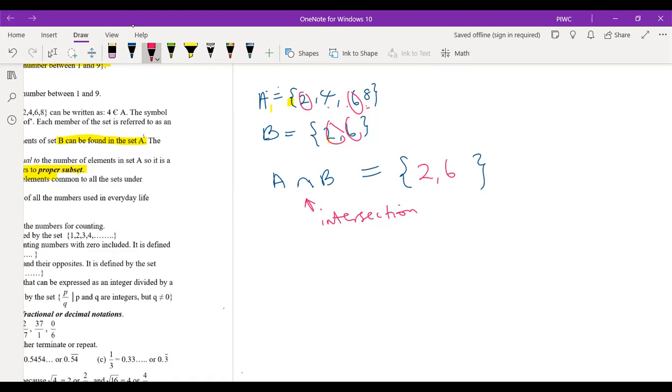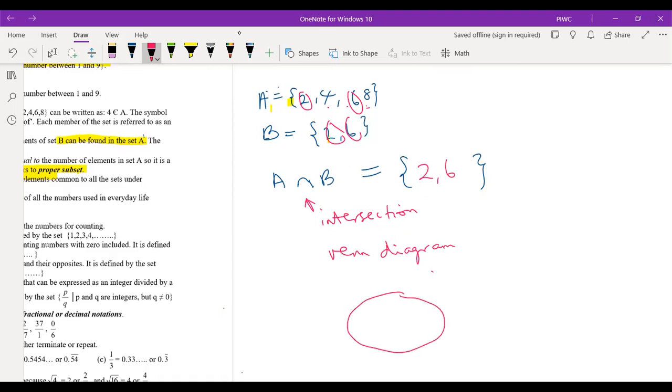So it's like the overlap of the 2 sets. If you think about what we call a Venn diagram, we're not going to go into that today, but just a quick idea of a Venn diagram.